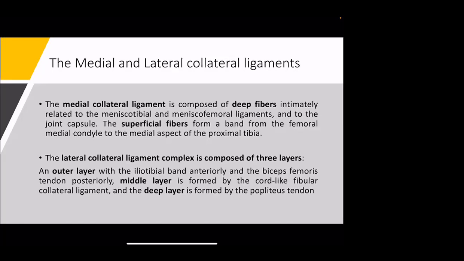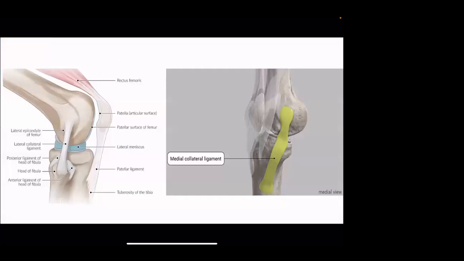The lateral collateral ligament complex is composed of three layers: an outer layer with the iliotibial band anteriorly and the biceps femoris tendon posteriorly, a middle layer formed by the cord-like fibular collateral ligament, and a deep layer formed by the popliteus tendon. This is the medial collateral ligament, and this is the lateral collateral ligament.